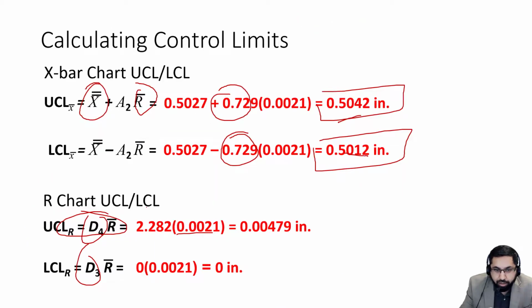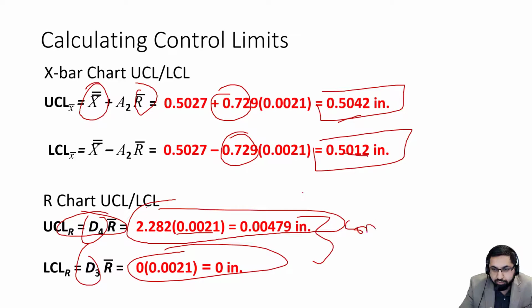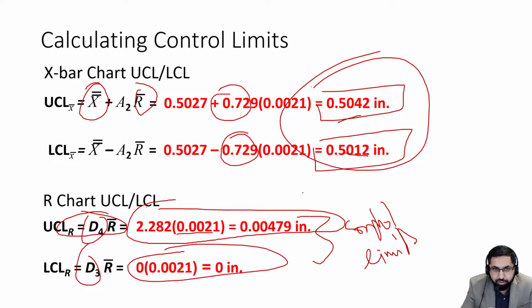Okay, and so we see that D3 comes out to 0, D4 comes out to 0.00479, right? So these then are the control limits for the R chart, and these above are control limits for the X bar chart.